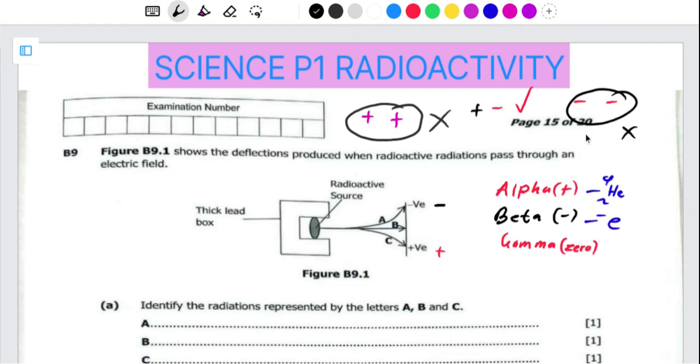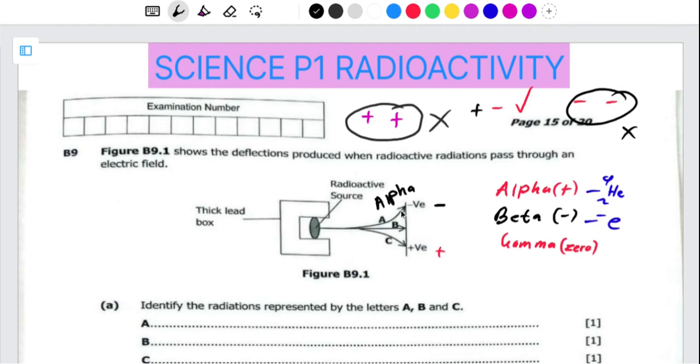So this is what we are going to use. According to radiation A, it is bending toward the negative charge. Guess which radiation. Is it beta, alpha, or gamma? If you guess A to be alpha, then you are correct. The result is very simple: the positive charge will always follow the negative charge.